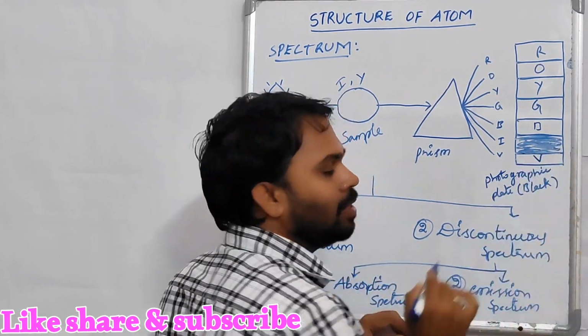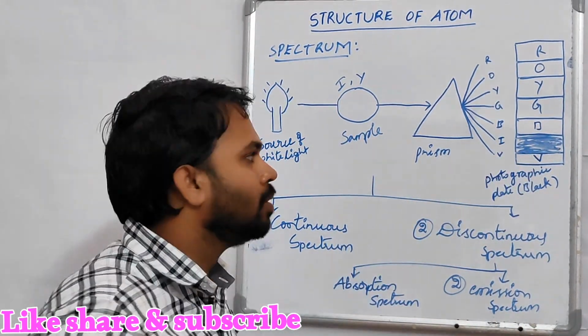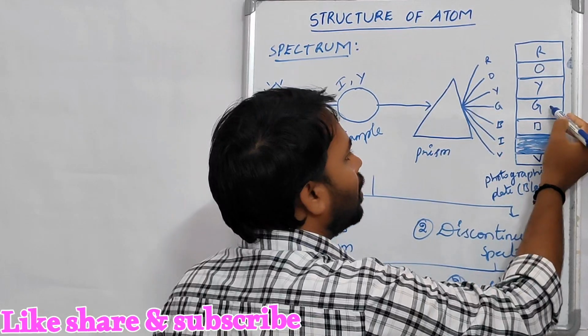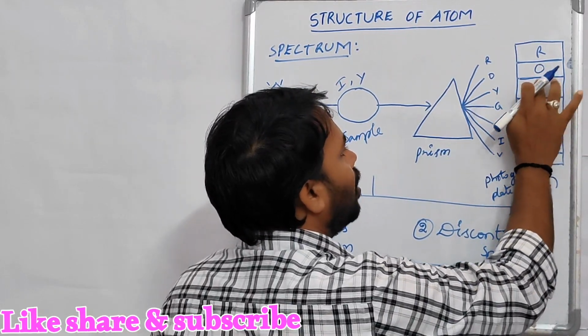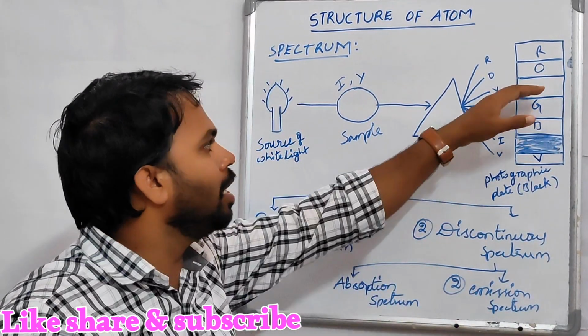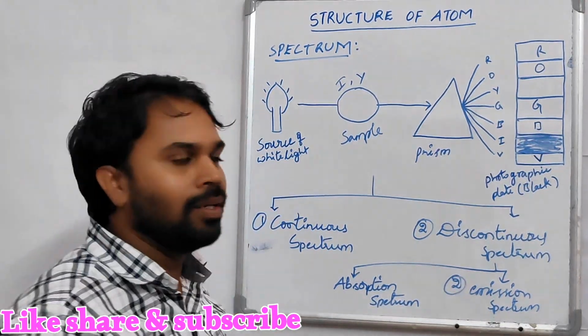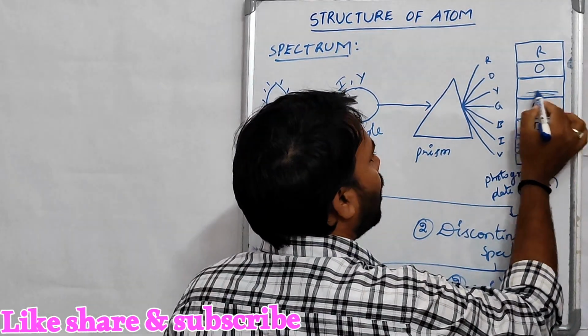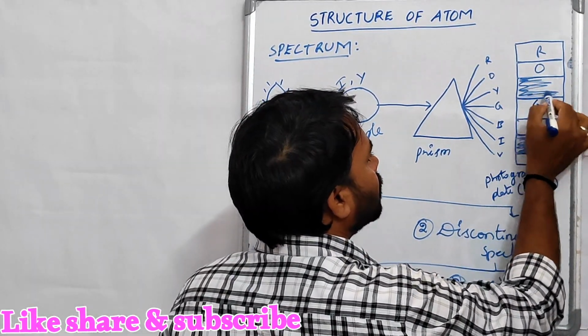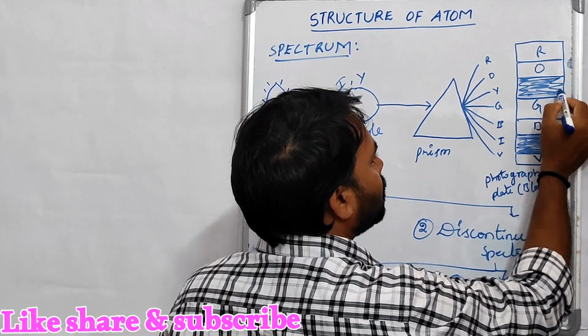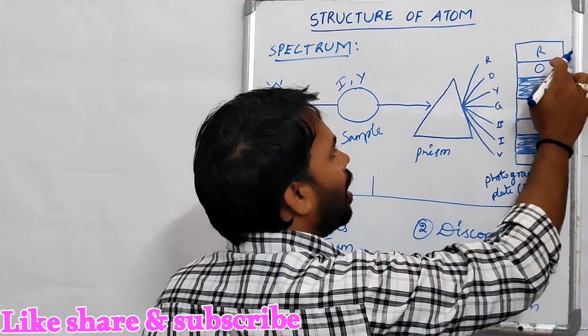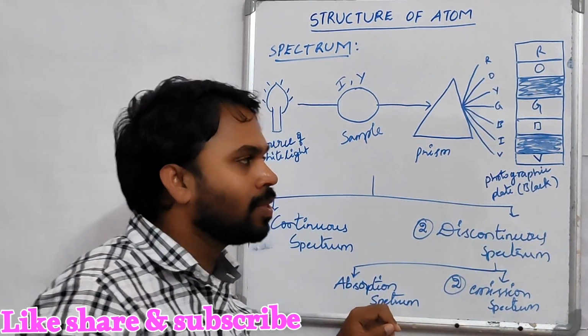There is no color present in this part. Here blue, here green. Similarly, here yellow is absent because it is absorbed by the sample. So here also it shows black, which means empty space. Here orange and red.